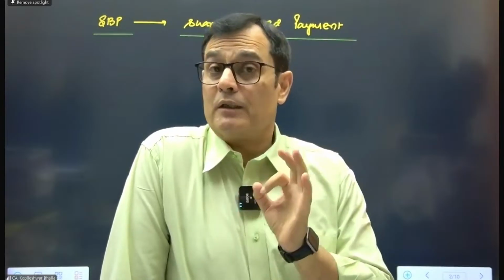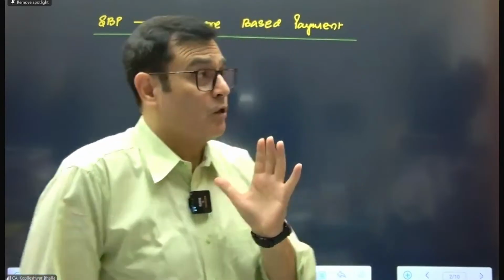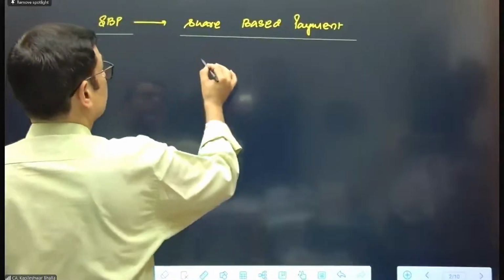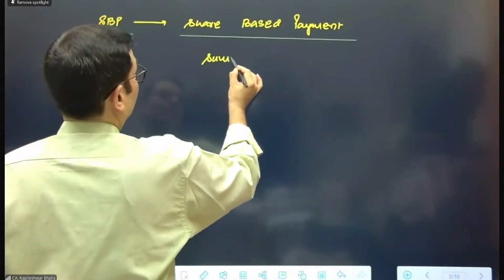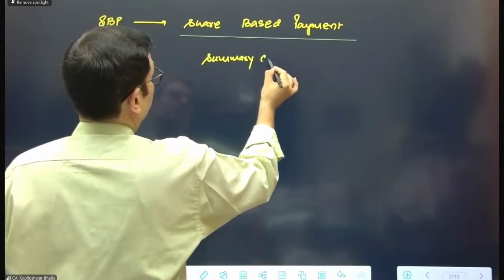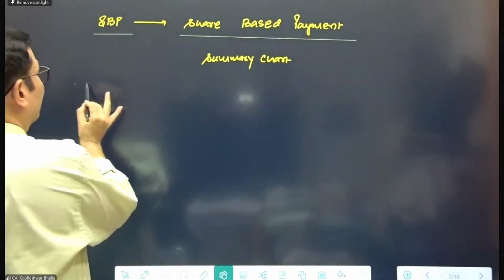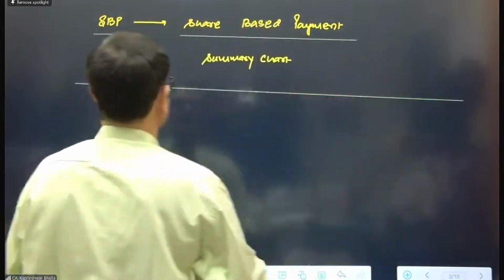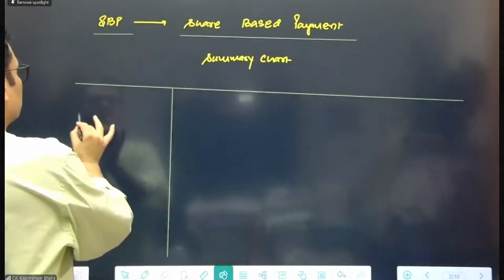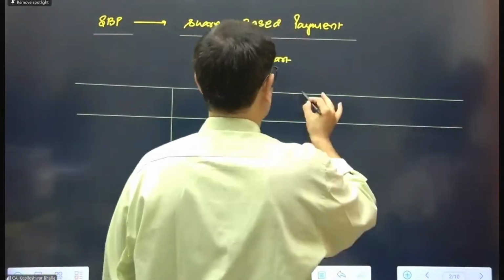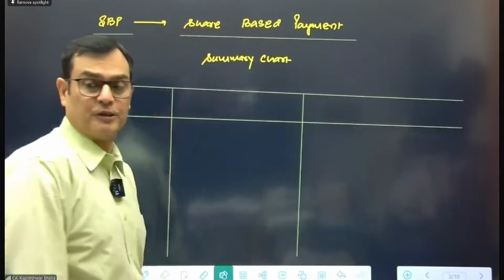So let's create a summary chart on the different permutations and combinations. When you look at the concept of share-based payments, there are a total of 3 permutations and combinations which could arise.